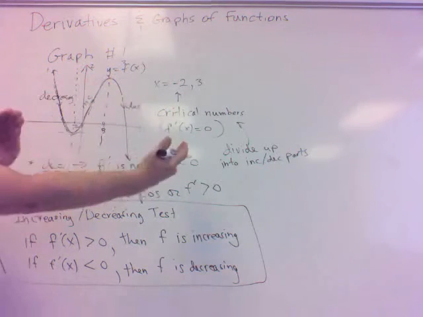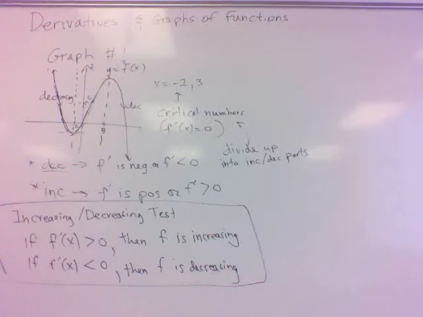And then tying that in with the critical numbers. At the critical numbers in this particular case, is it increasing or decreasing? The slope is 0. Well, if f prime is equal to 0, is that increasing or is that decreasing?